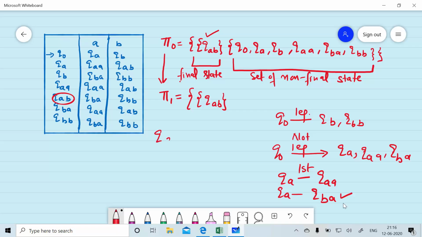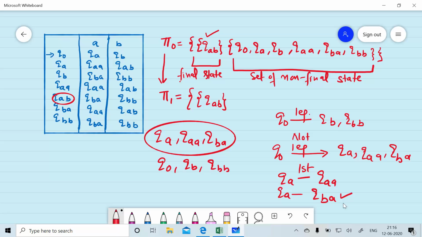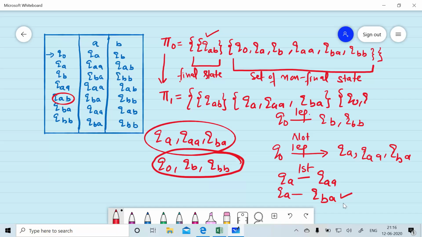In short, QA, QAA, QBA are one equivalent, and Q0, QB and QBB are also one equivalent. So we can represent them by different sets: QA, QAA, QBA, and Q0, QB, QBB.